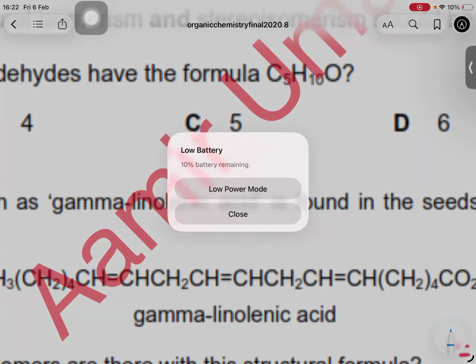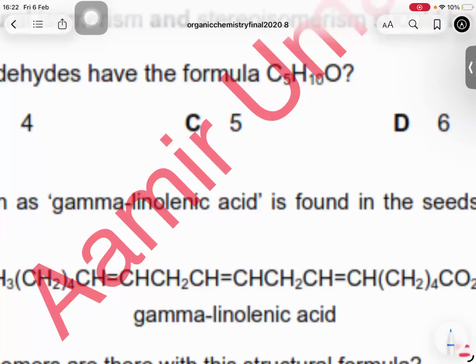It can only be at the end, with the carbons. So can I see 5? We have to move the carbons, so 1, 2, 3, 5, 4.